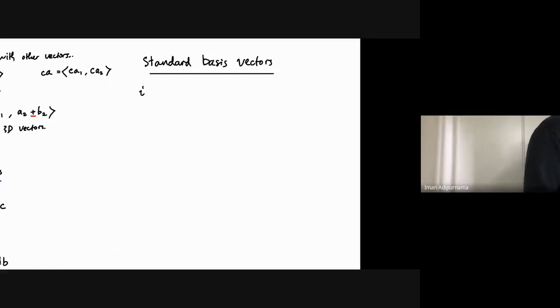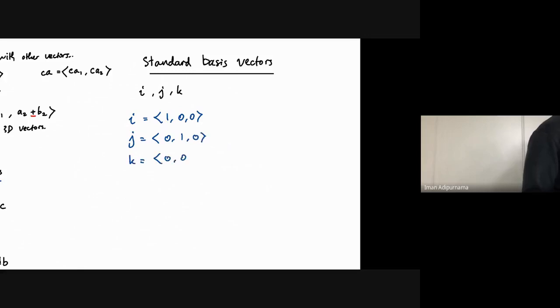They use the letters i, j, and k. So i is for the x-axis, j for y, and k is for the z-axis.